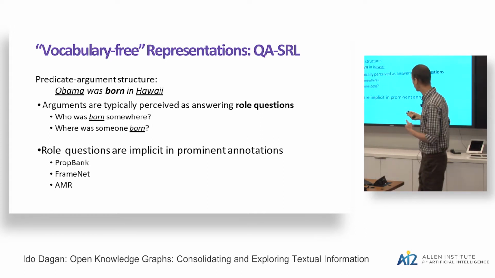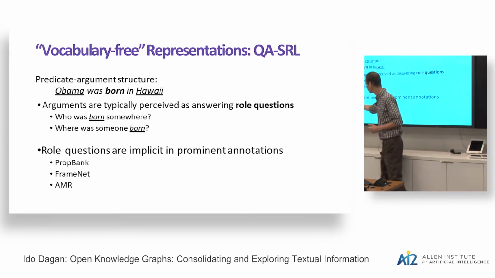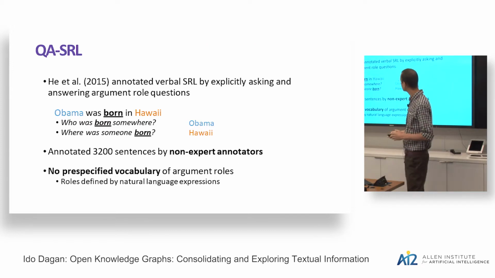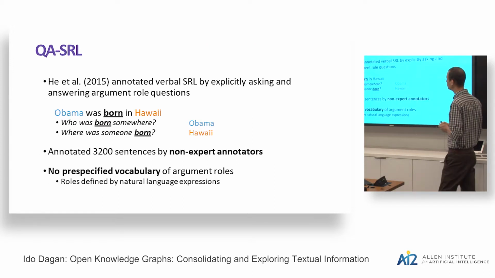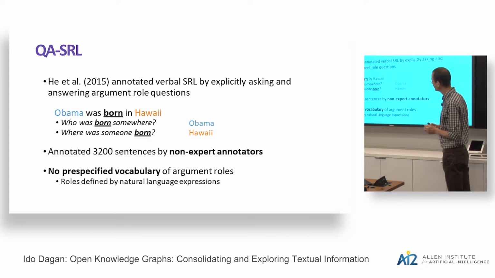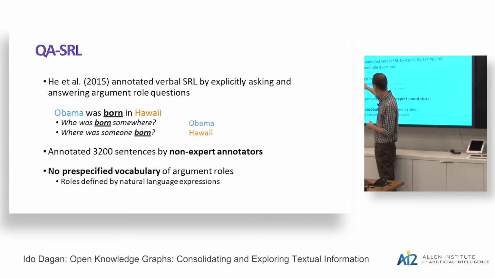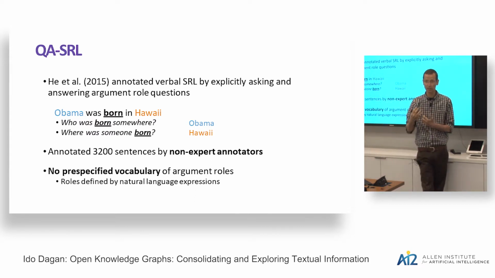Okay? That's what repositories that use an explicit, predefined vocabulary of roles typically do. And the QA-SRL work by Luheng He and Luke suggested, okay, let's follow this idea that roles actually are the questions that the argument answers, and let's collect these questions. So what they did was an annotation effort where they marked the predicates and asked people to phrase questions and answers related to the predicates.